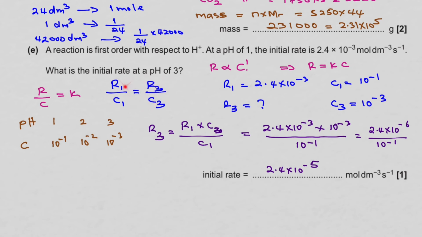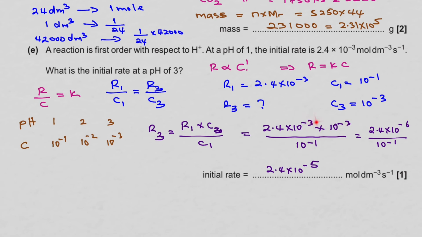Move that over there. So you're going to get R1 times C3 over C1 equals R3. We know what R1 is, 2.4 times 10 to the power minus 3 times C3, which is 10 to the power minus 3, divided by 10 to the power minus 1.